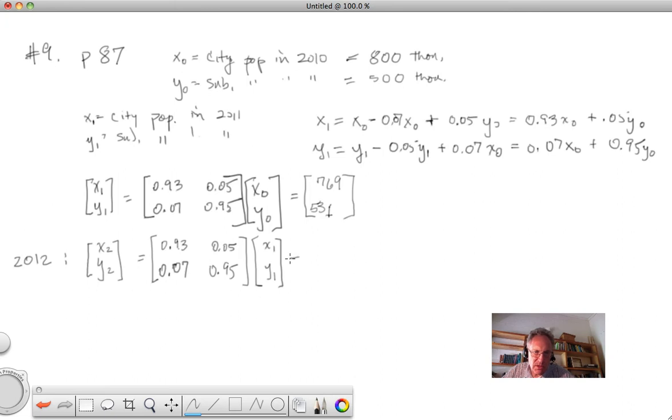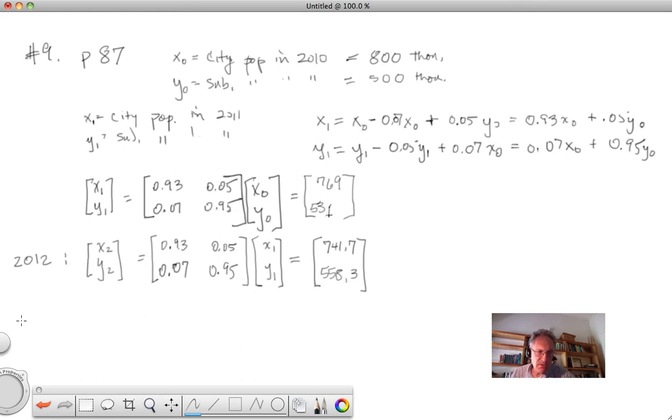That gives the number of urban dwellers remaining, roughly 741.7. The same kind of calculation gives 0.07 times x1 plus 0.95 times y1, which is 558.3. So in 2012, this is the population.